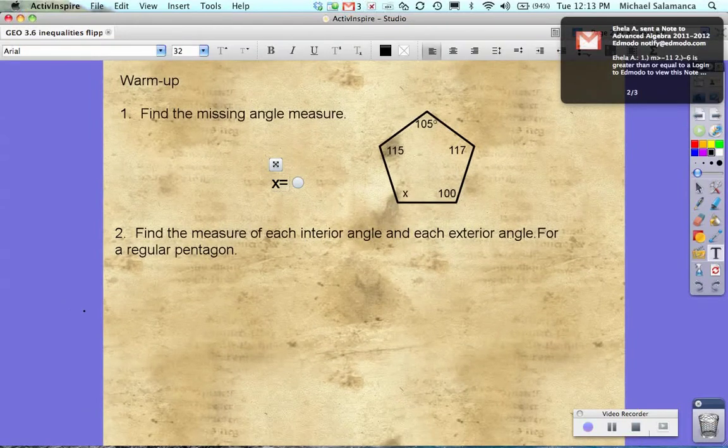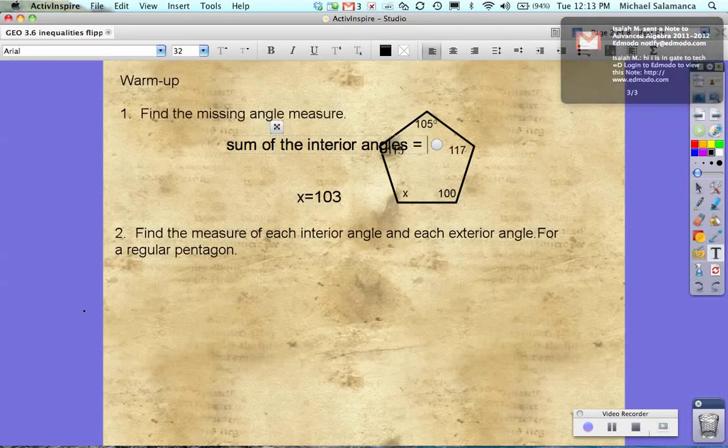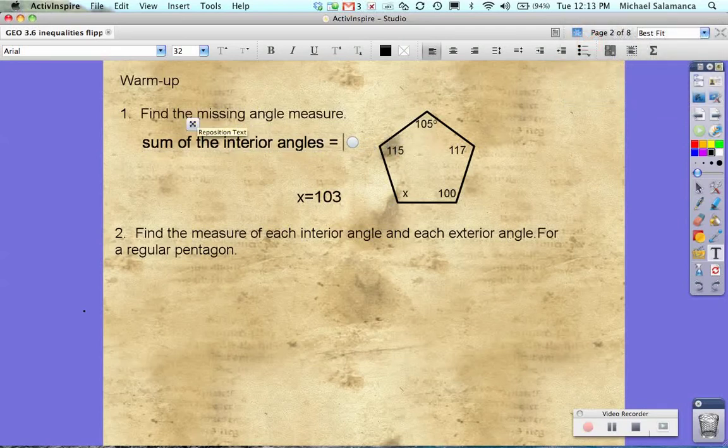x equals 103 degrees. And the reason why we do this is because this is a pentagon. That means that the sum of the interior angles equals 5 minus 2 times 180 degrees, which is equal to 540.